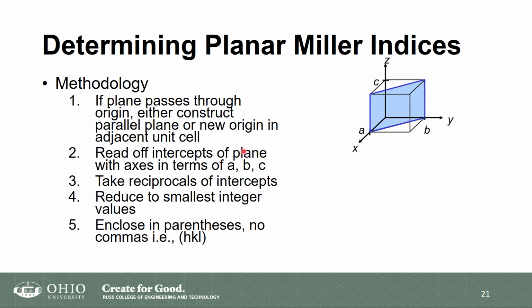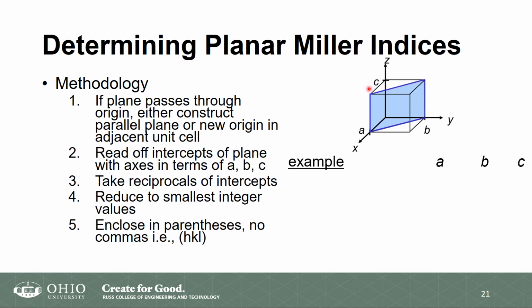Then we read off the intercepts of the plane with the axes in terms of a, b, c. In this example, this particular plane crosses the x-axis at 1, when the value of a is 1. It crosses the y-axis where the value of b is also 1.